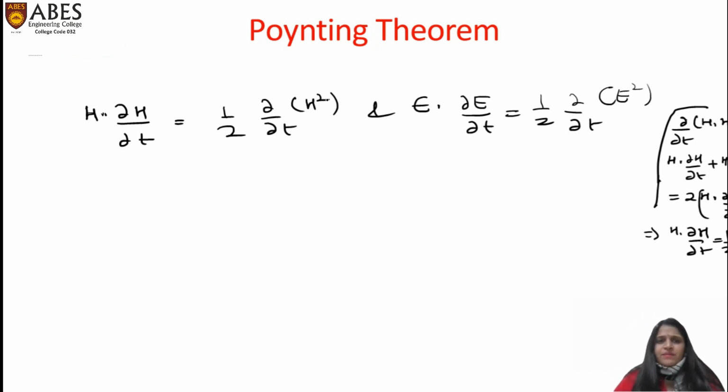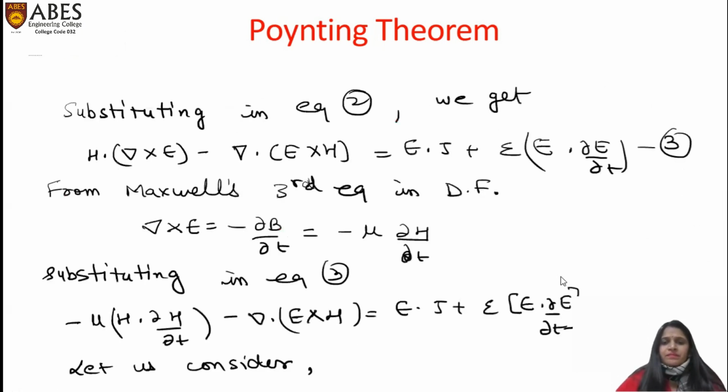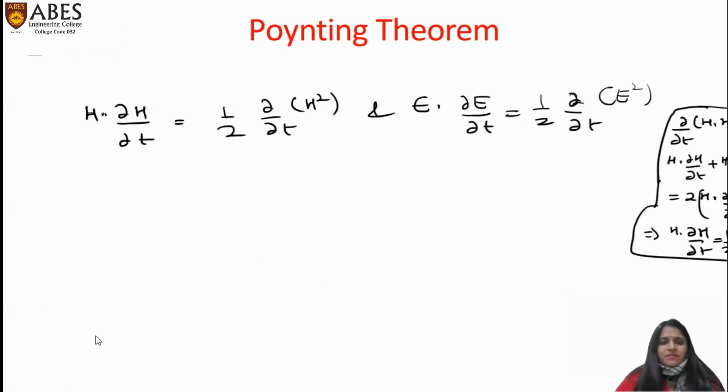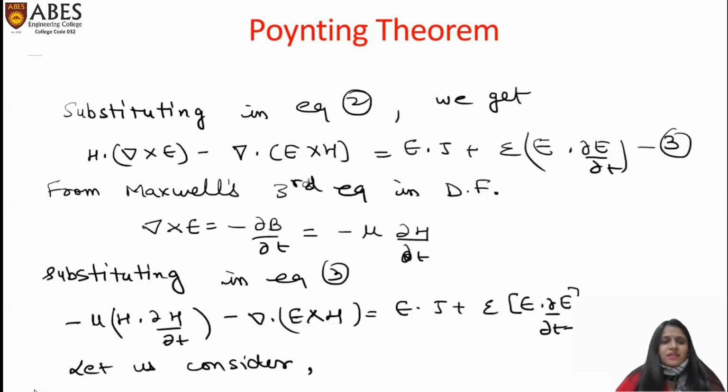So we are representing it here in this manner. Like this, we can also work out E dot del E by del T. And now considering these, we will substitute in the equation. This is your equation 4.